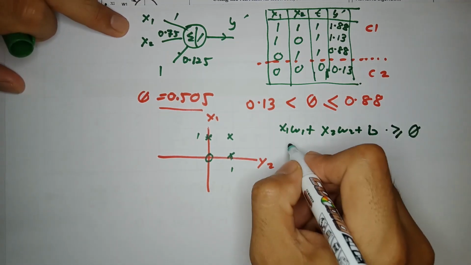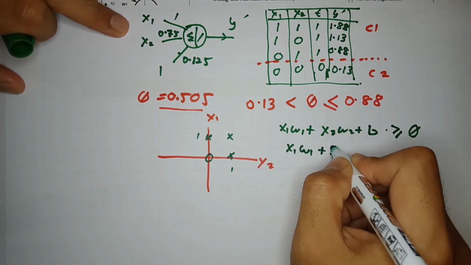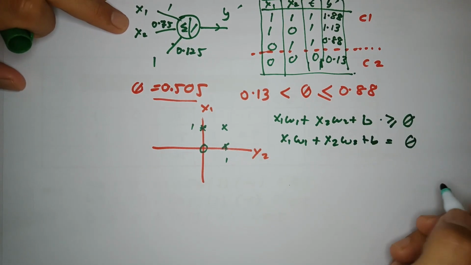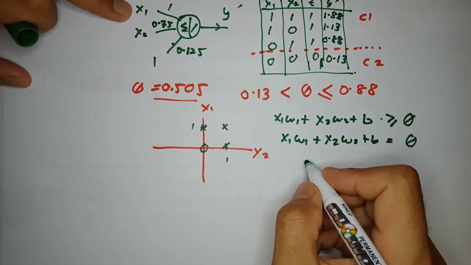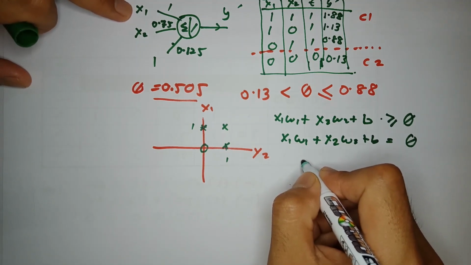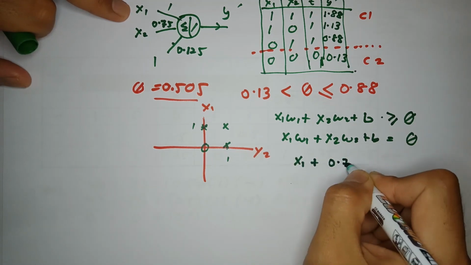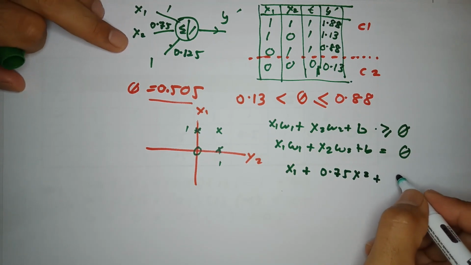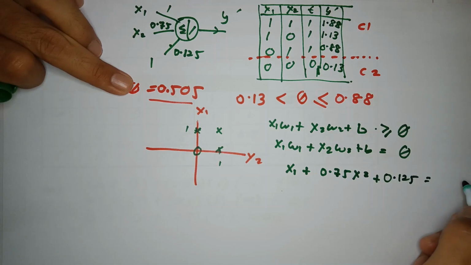If we wish to transform that to the decision boundary, then this part must be equal to theta. So if we plug back all the values, x1 will be 1, so w1 will be 1, so x1 plus 0.75 x2 plus your bias, which is 0.125, is equal to our selection of theta, 0.505.